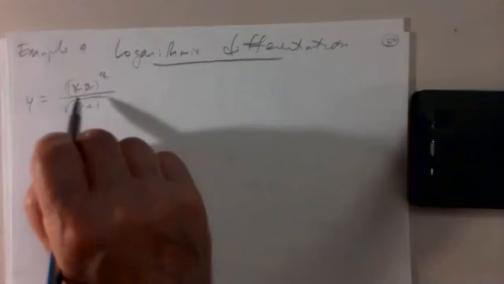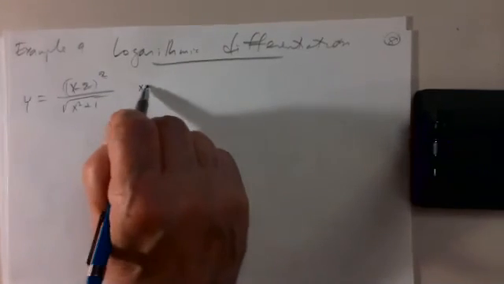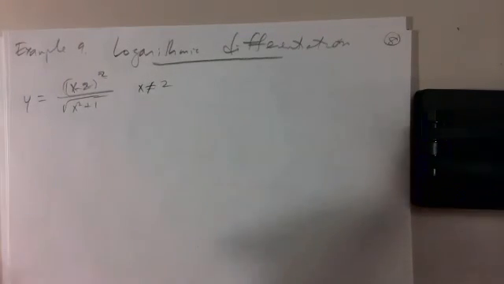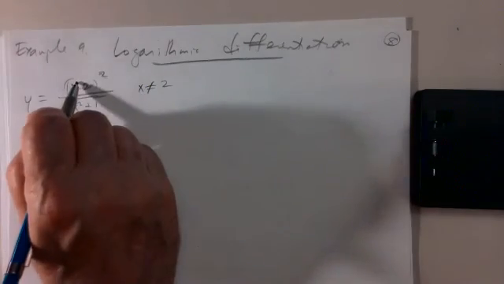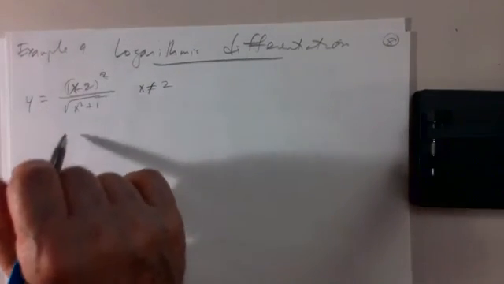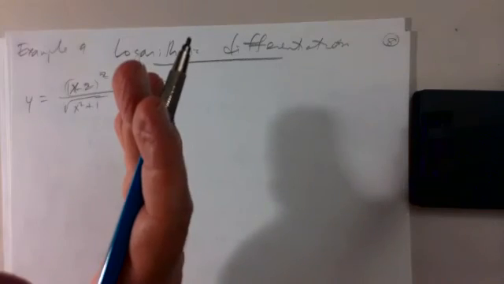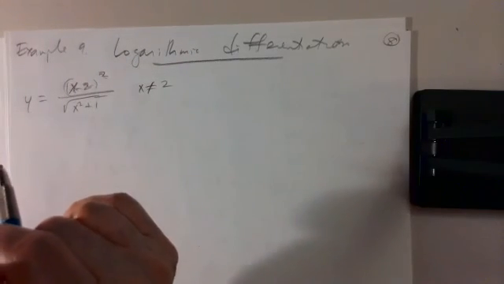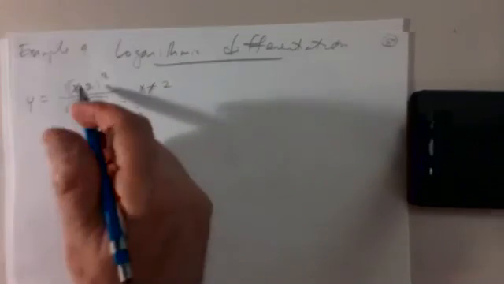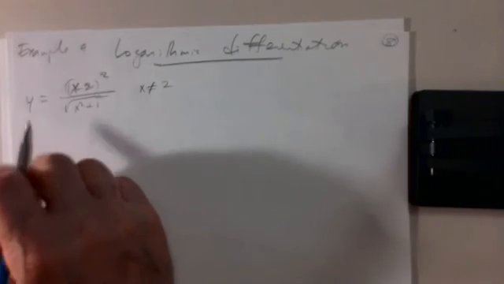This is defined everywhere, and the only time it's 0 is when x is equal to 2, and I only want to consider the points where y is not 0, so x is different from 2. And we could find the derivative by using the rules of calculus we already know. But a function like this you can simplify by taking its logarithm.